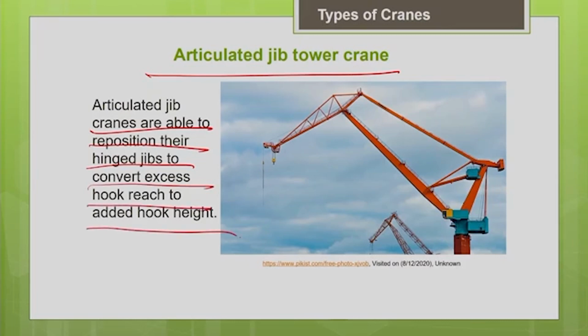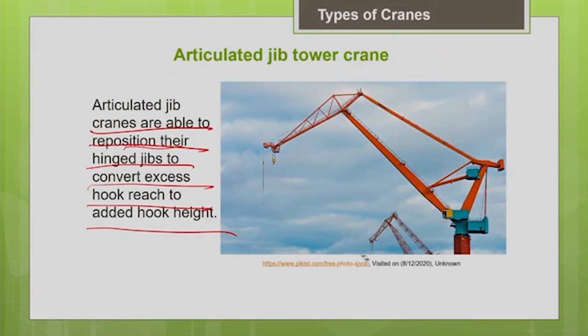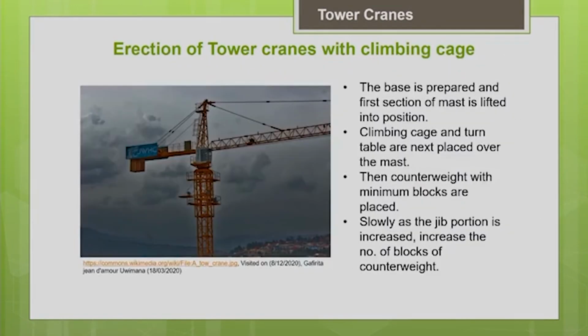Whenever you do not need excess horizontal reach, you can convert the horizontal reach into vertical height, according to your requirement. But these articulated jib cranes are also very costly.